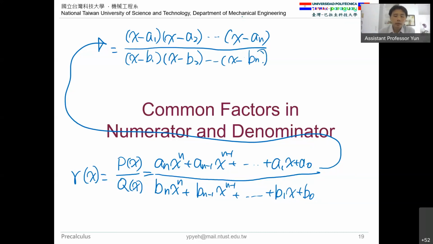So you can see that the functions we have learned include the information of the function and the operations with polynomial functions, and now we learn some rational functions.